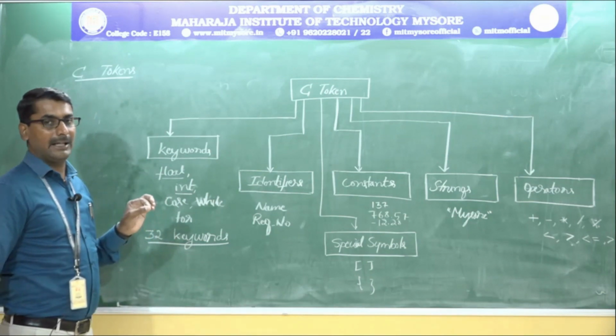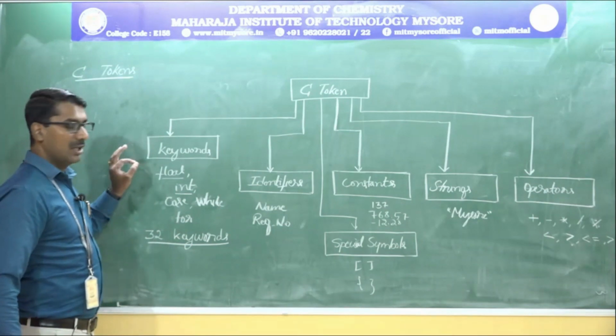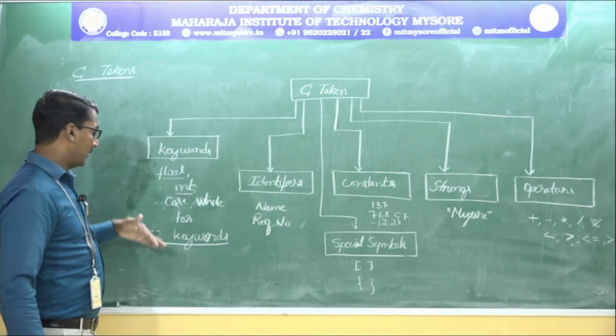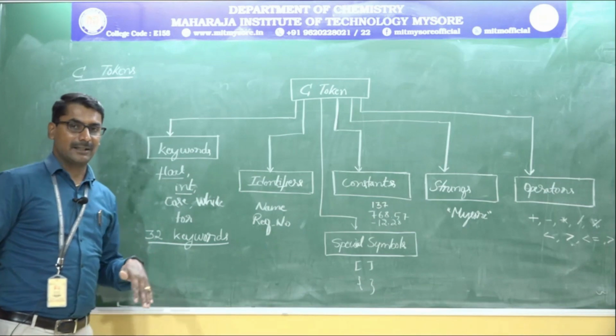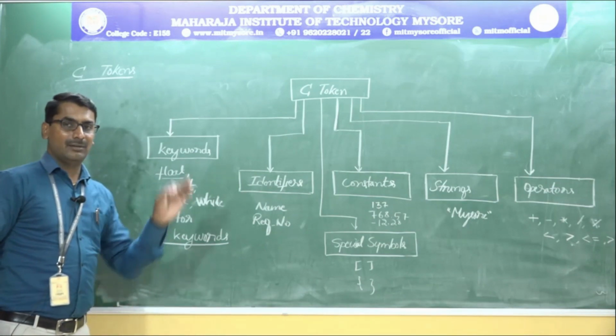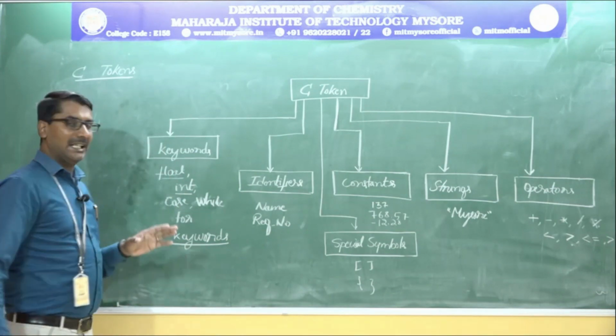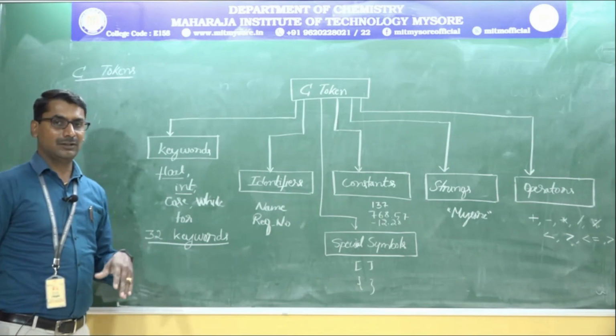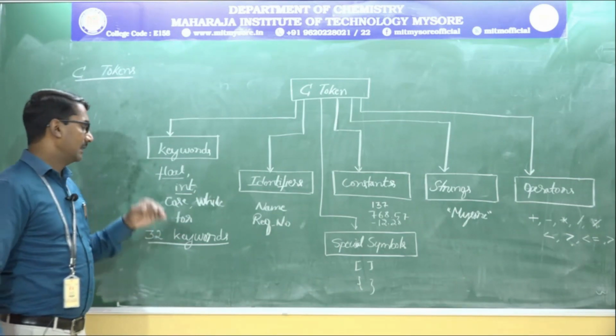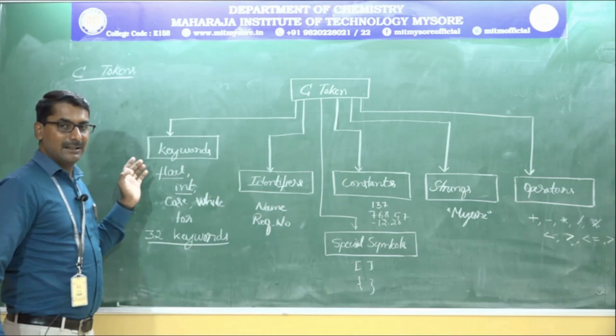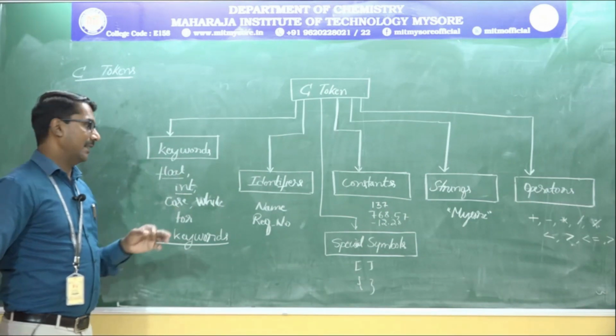So keywords must be in small letters. The C language consists of 32 keywords, one of the main features of C that I highlighted in the last session.